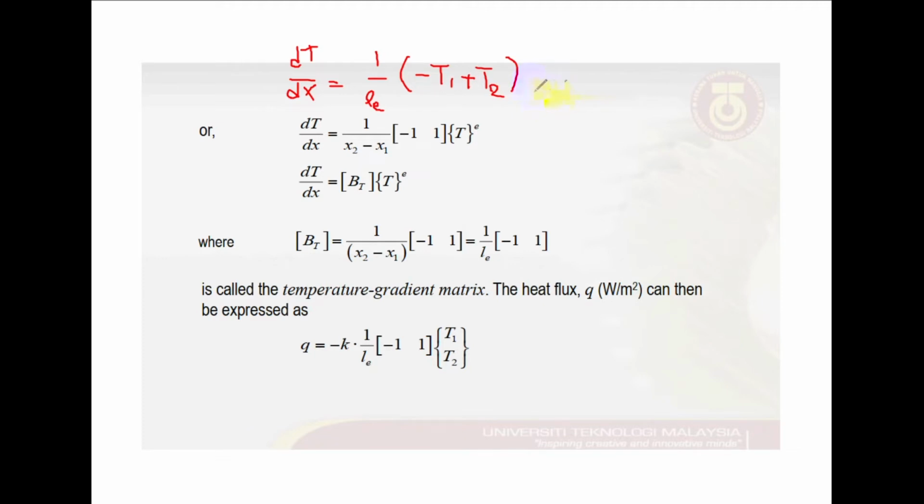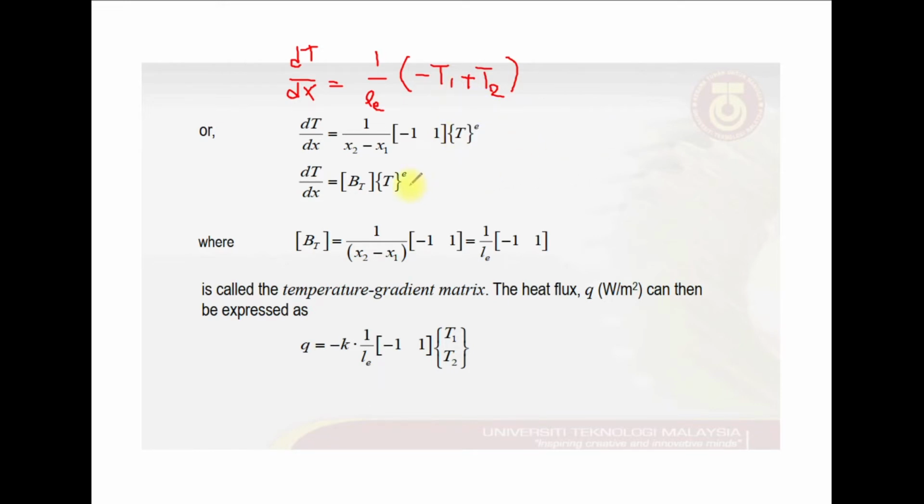and this equation can also be written in a more compact format, which is in the matrix and vector format, by taking 1 over x2 minus x1, and then we have the row vector of negative 1 and 1 multiplied by the column vector of temperatures T1 and T2.